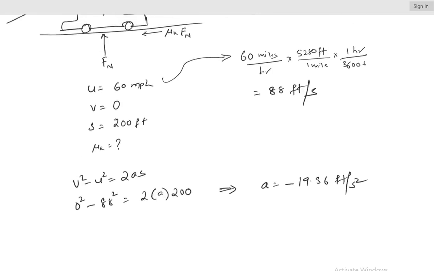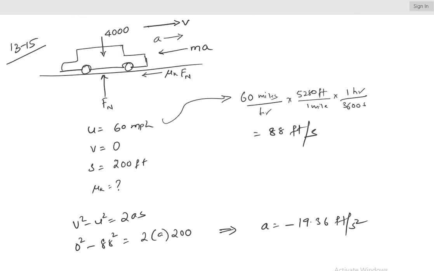So now look, we assume the acceleration to be in this direction and we got a negative number. So we can either leave these things the same way, right? These arrows facing these directions, meaning a is that way and ma is this way, and use a as negative 19.36, or we flip the a going to the left.